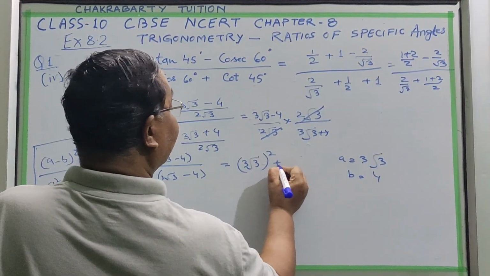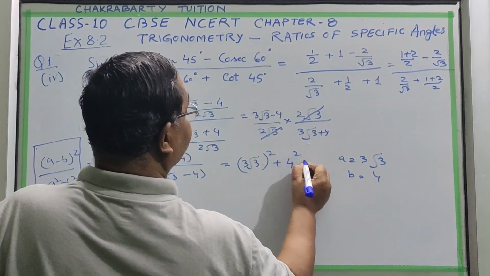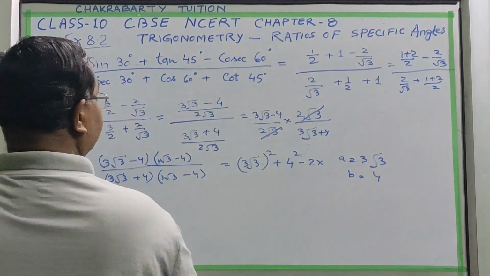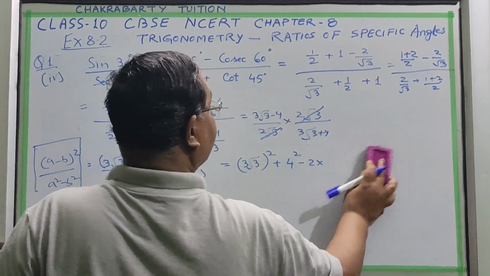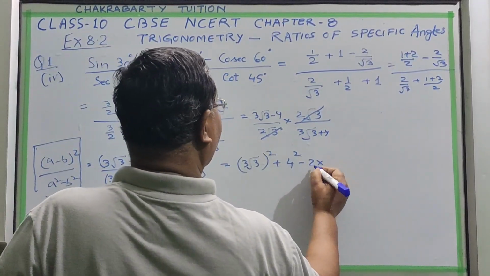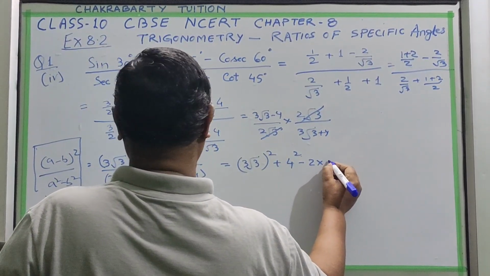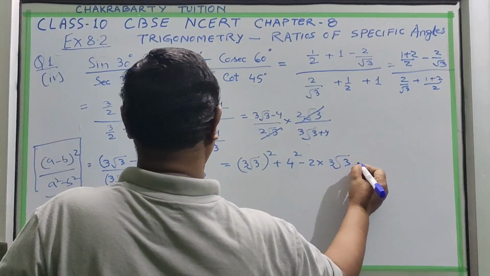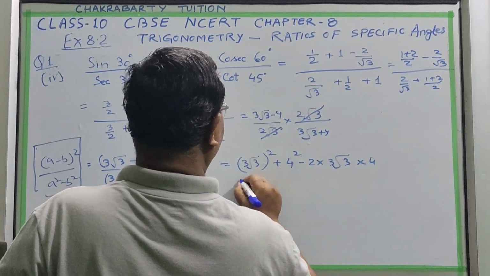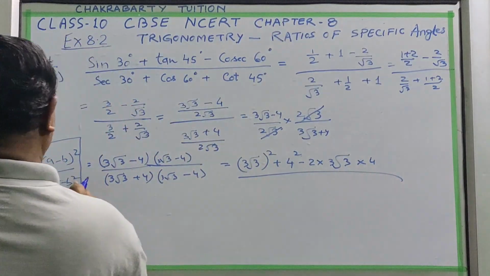A square plus B square minus 2AB, minus 2 into 3 under root 3 into B, B is 4. So this formula we have used, A square minus B square.